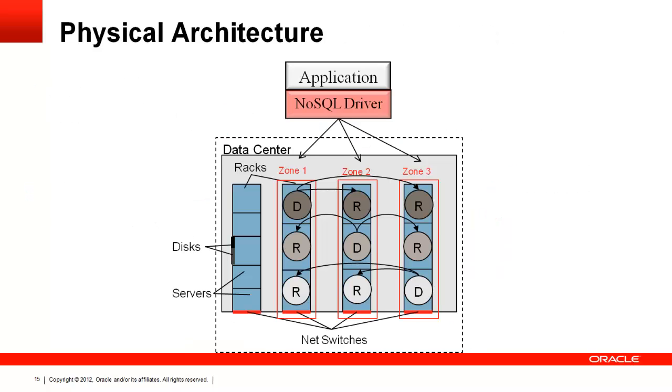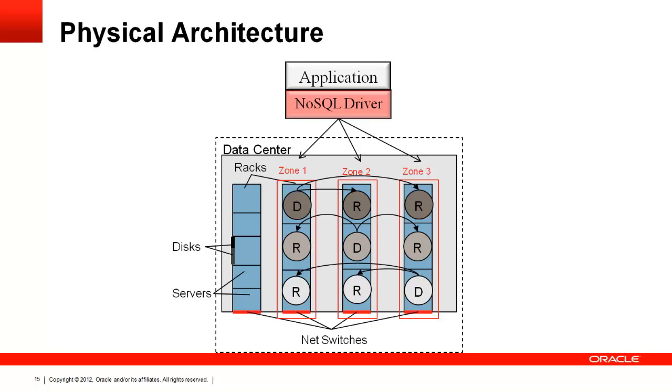So when we take a look at the physical architecture, it looks quite different than the logical one. And that's because basically we're taking the processes that are underlying this store and we're deploying them onto physically isolated units of hardware. And so in this case, we're showing zones 1, 2, and 3, which are racks in this theoretical data center.